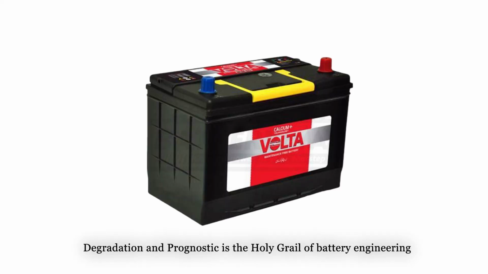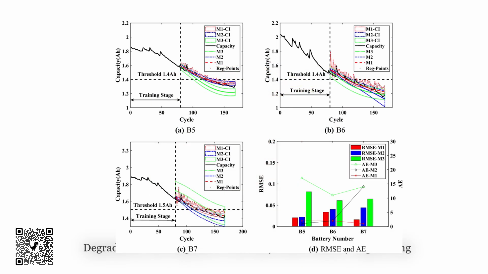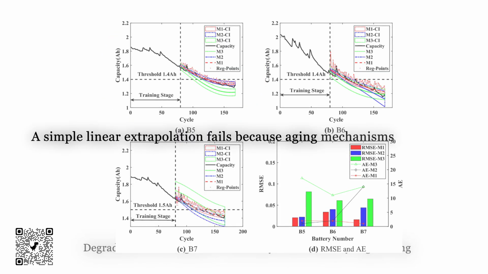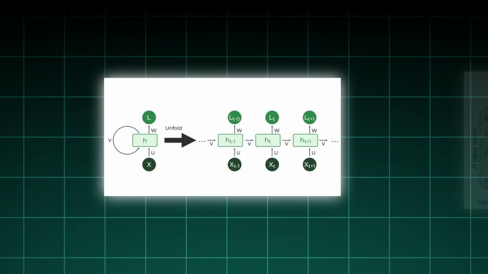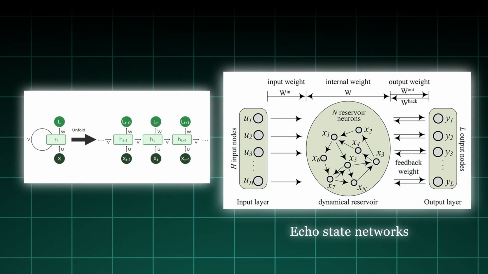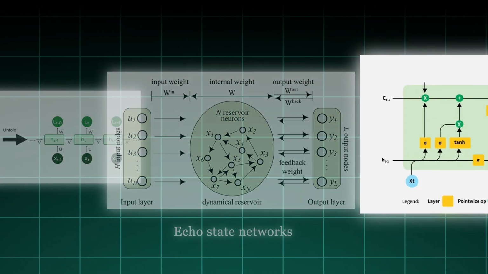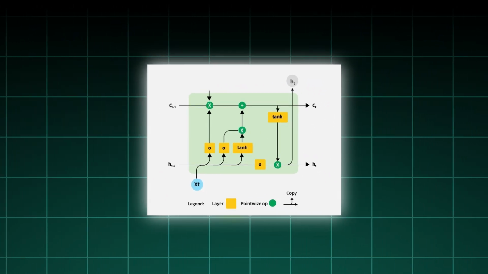Phase 3 is degradation and prognostics. This is the holy grail of battery engineering, predicting the remaining useful life, or RUL. Batteries degrade non-linearly. A simple linear extrapolation fails because aging mechanisms are coupled. We use recurrent neural networks, or RNNs, specifically echo state networks, or ESNs, and LSTMs. Here is the mechanism.